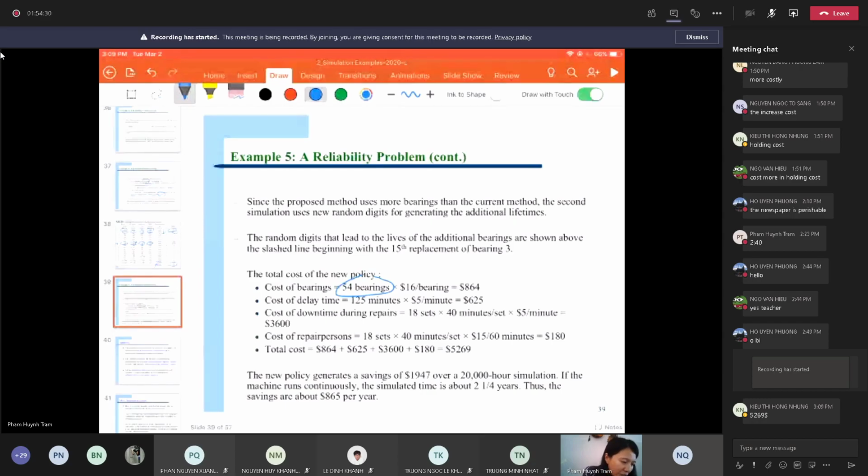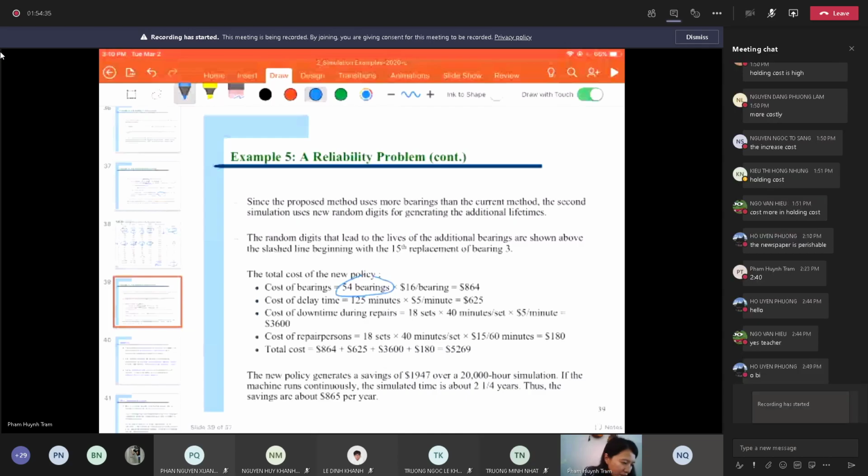But for the delay time, we save a lot. The delay time now is only 125 minutes. It also reduces the cost of downtime during repair, and the number of times we call the repair person is also less.